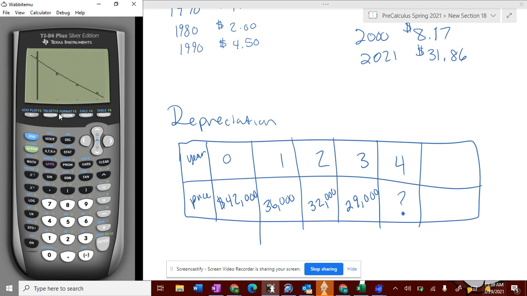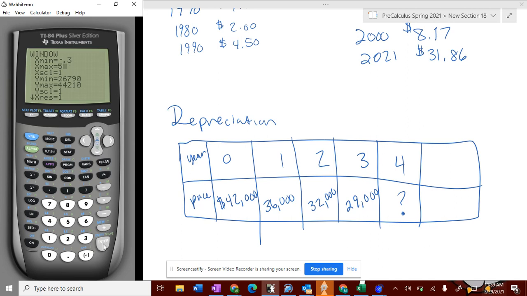So if we trace, I go from point to point, so I got to get on my line. If I trace, I can slide on over. And if you just keep tracing over, oh, it won't move. I got to make my window bigger.